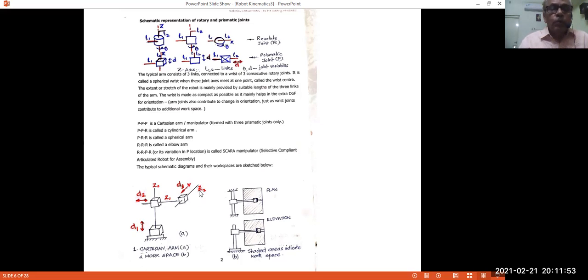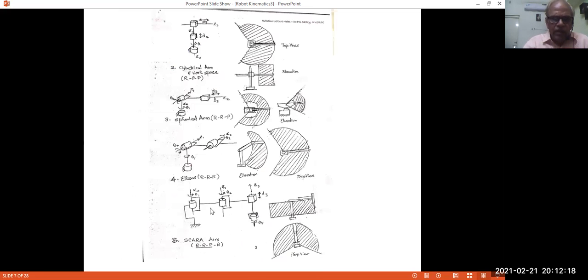So the workspace corresponding to the Cartesian arm is this. In the plan view, this is the motion of the end effector this way and this way. In the elevation, the vertical motion and this motion are represented here. Together, the two pictures, plan and elevation, give information about the workspace possible.